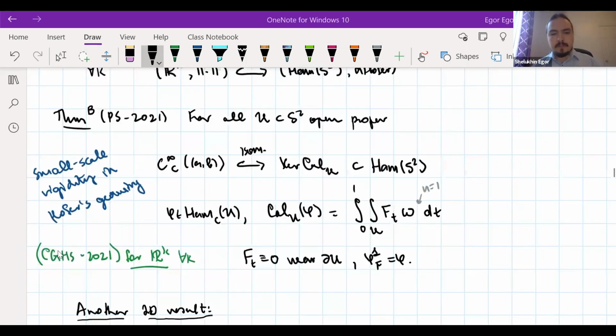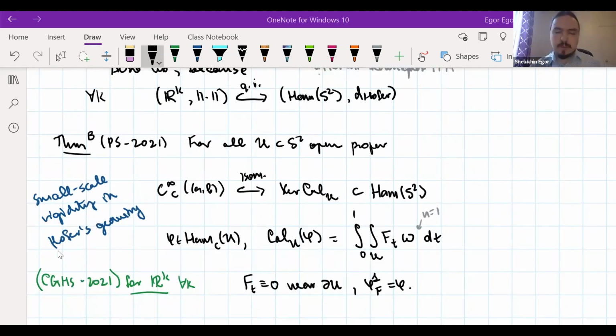Moreover, one can prove that for all open sets in S2, let's say just a proper open set, no matter how small, such an isometric embedding can be chosen to have support in this open ball. In fact, one can have it be a subgroup of the kernel of the Calabi homomorphism on this little open set.